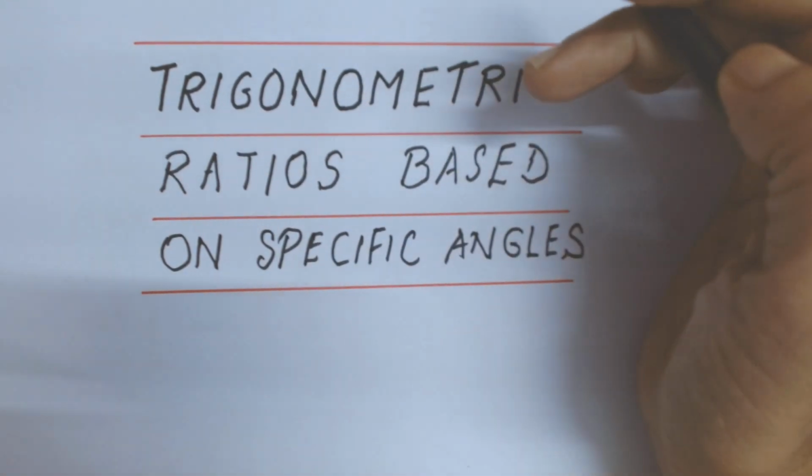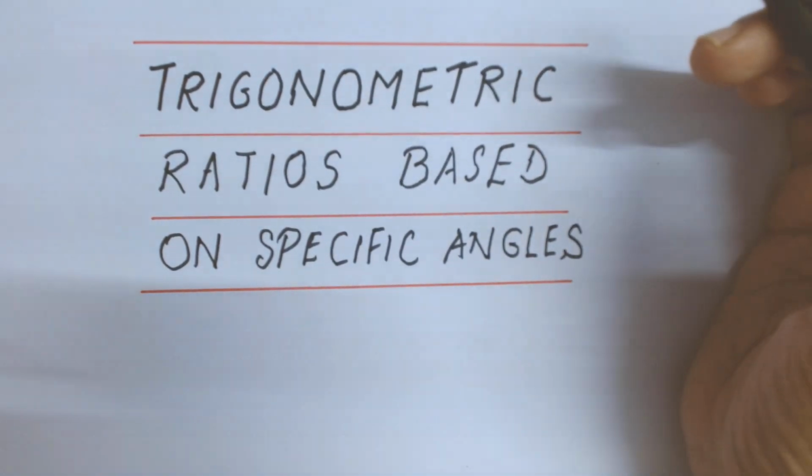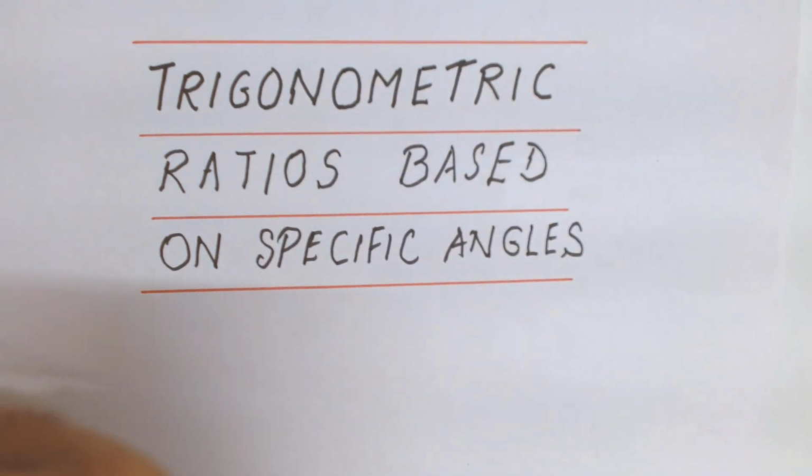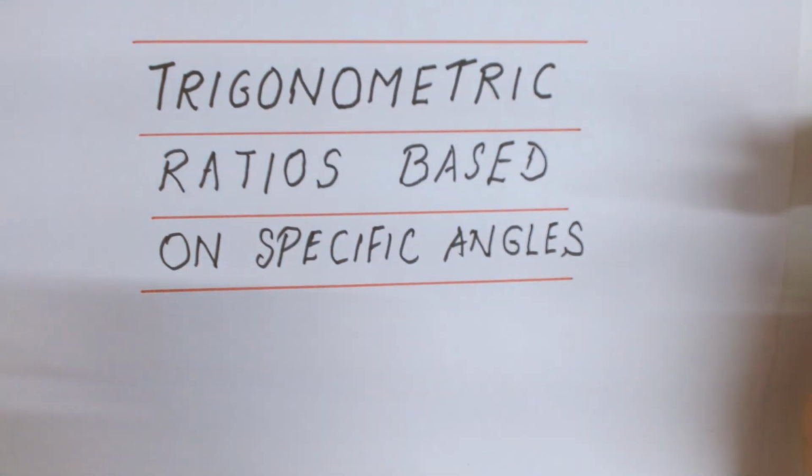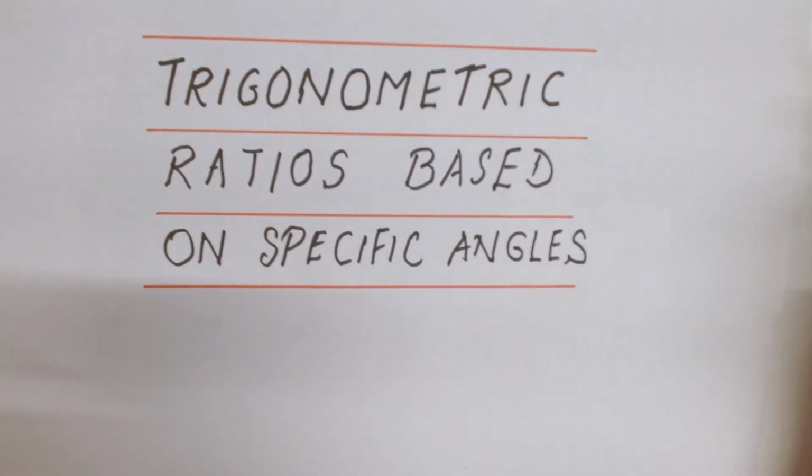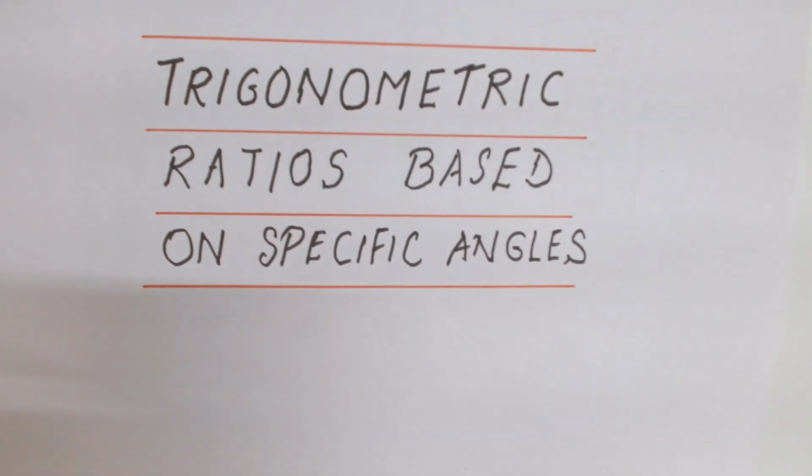Hello everyone, welcome back. We continue our discussion on the topic trigonometry, and we will look at trigonometric ratios based on specific angles in this session today. We know what the trigonometric ratios are.